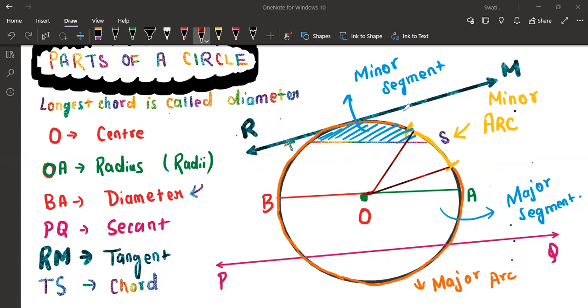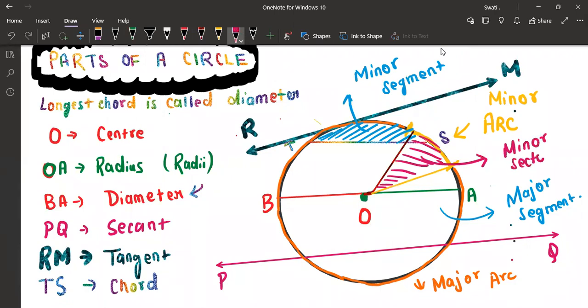Okay, so yes, let me just annotate. Let me just write down something here. Okay, no issue. So this one is called the minor sector.